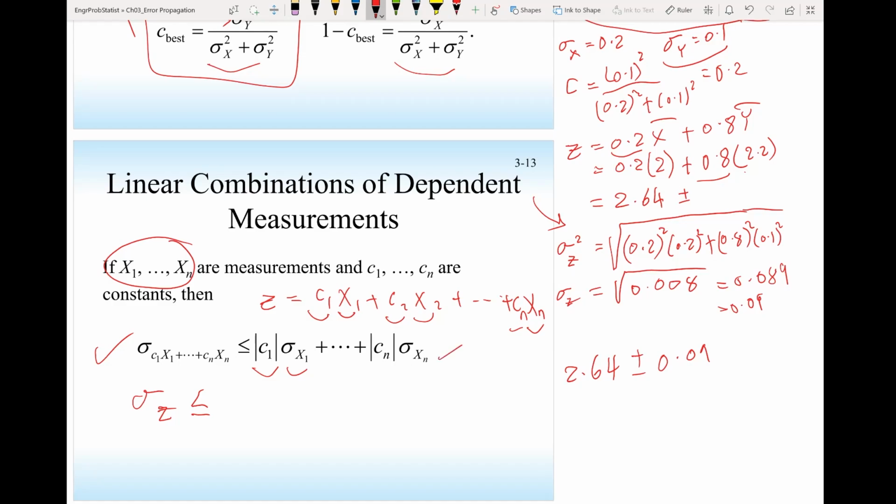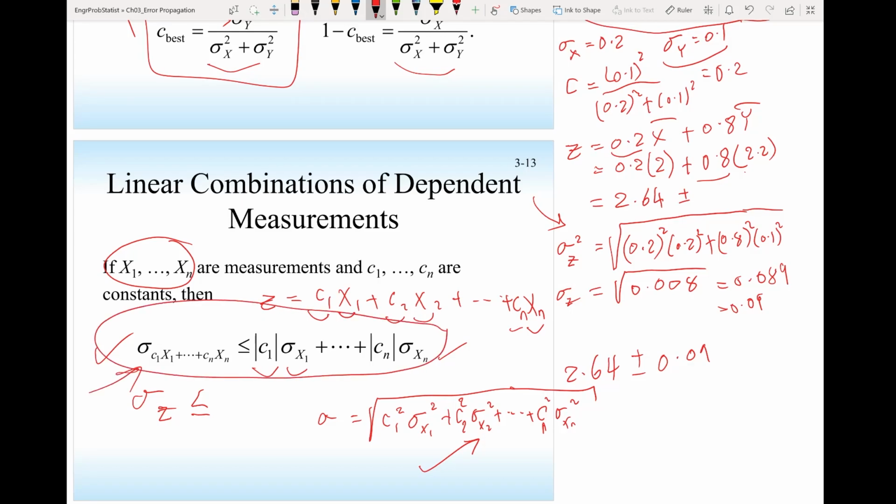If they say they are independent, then the standard deviation will be the square root of C1 squared times the variance of x1, plus C2 squared times the variance of x2, plus Cn squared times the variance of xn. This is for independent, this is for dependent, so you overestimate the standard deviation.